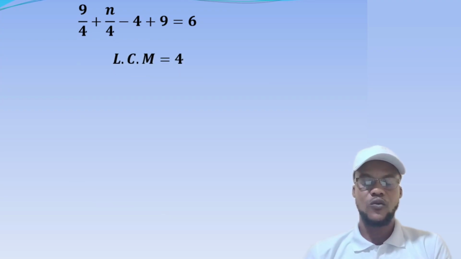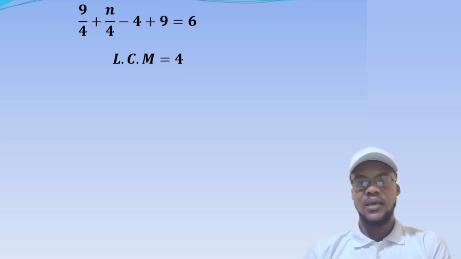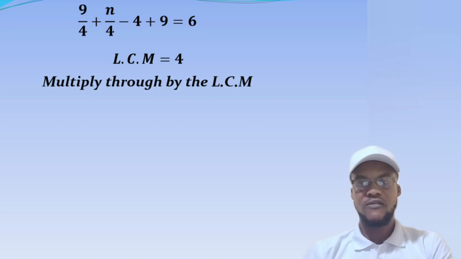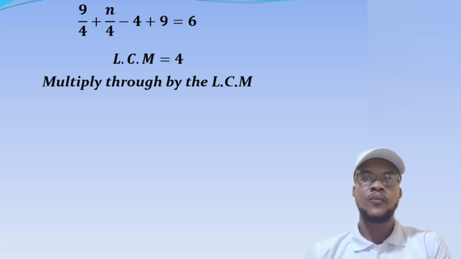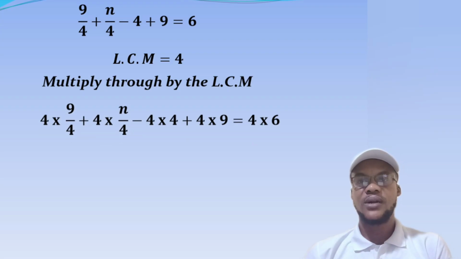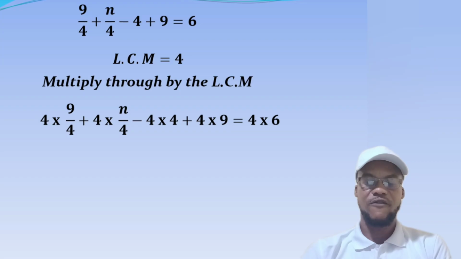All that you do is find the LCM, and in this case our LCM is 4. Once you are done looking for the LCM, you just have to multiply through by the LCM you have gotten, which is 4. So we are going to multiply through by 4.